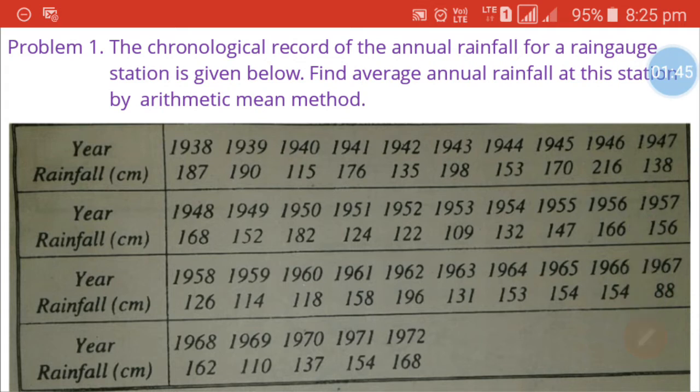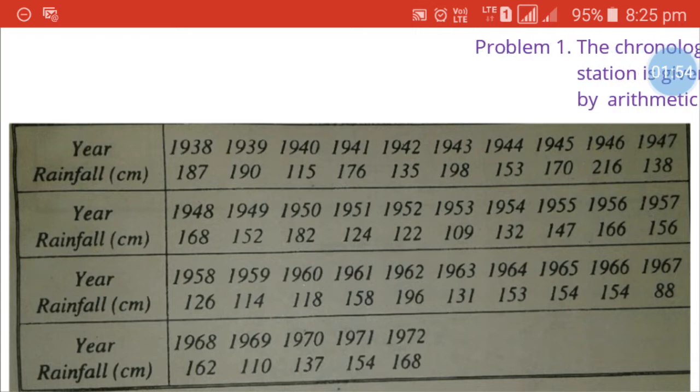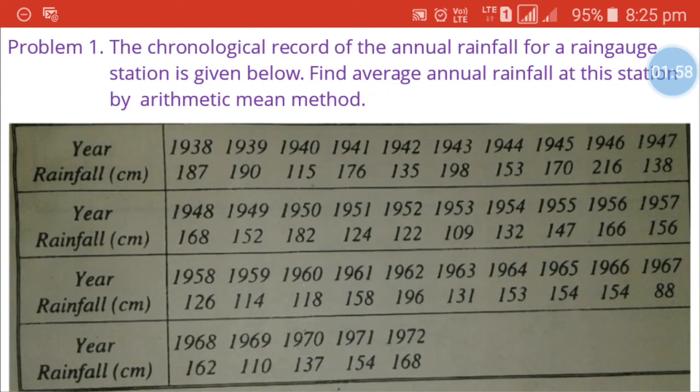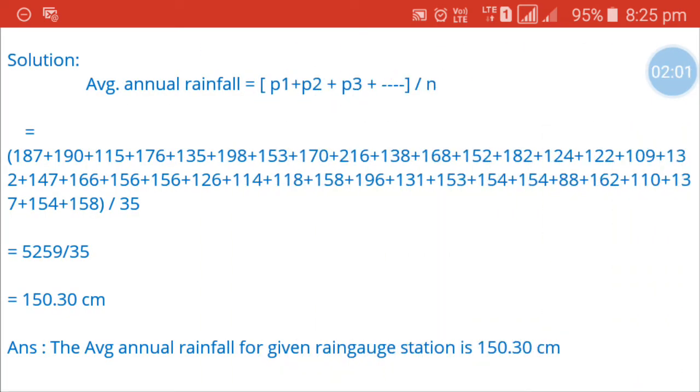So let us see, if we want to find out the average annual rainfall by arithmetic mean method, what is the procedure? The formula which is used is very simple. In this, we have to find the summation of the rainfall values, and divide it by the total number of years for which the data has been given.